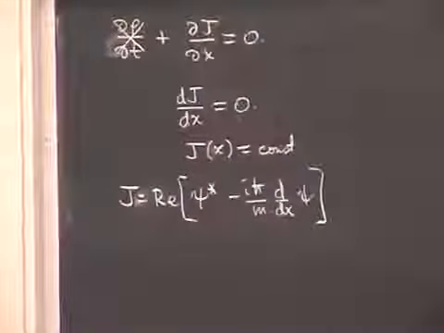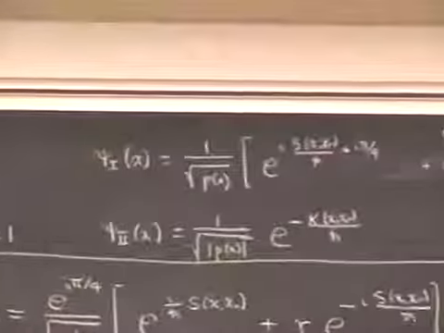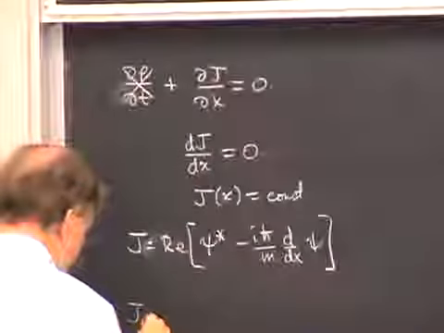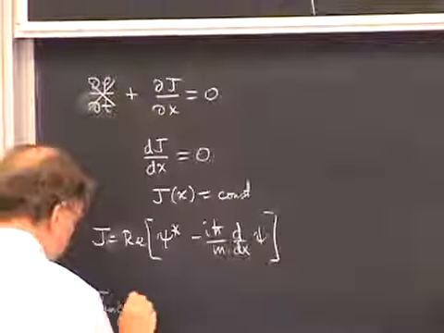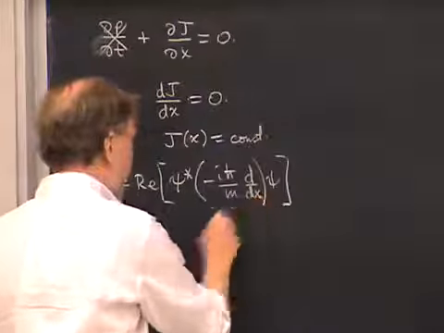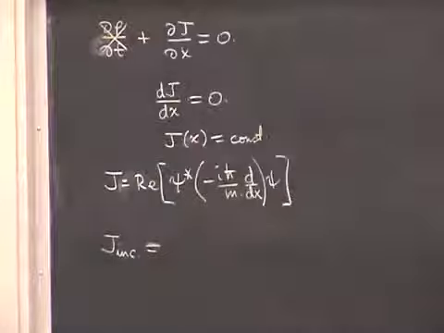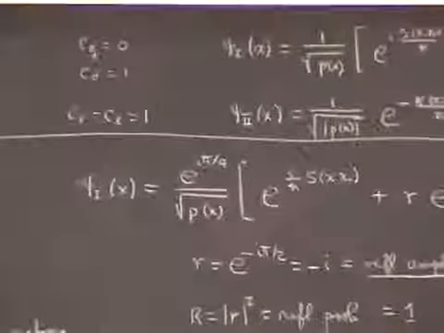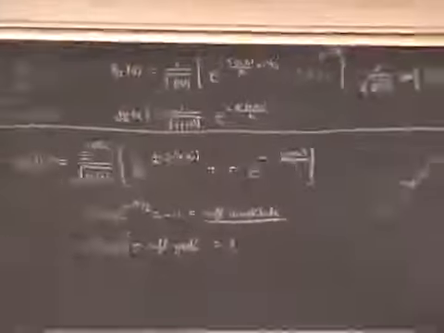Now, we have two waves here, an incident wave and a reflected wave, and we can compute the flux of those two things separately. If we compute this for the incident wave, what do you get? Well, the d dx brings down a derivative of the phase s, which is s prime.